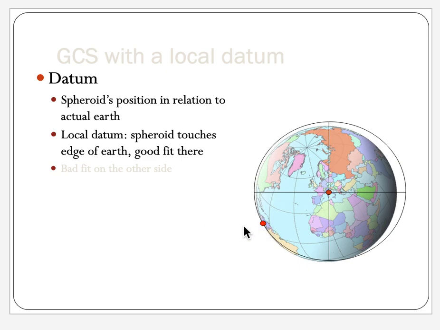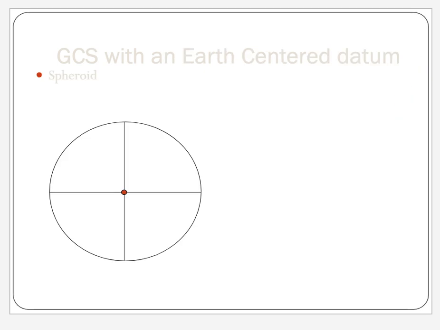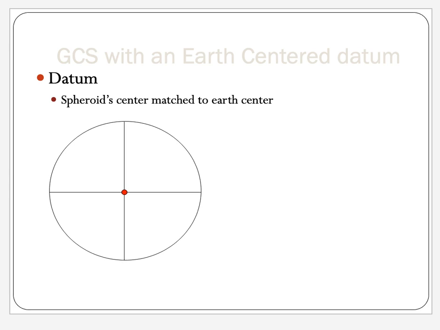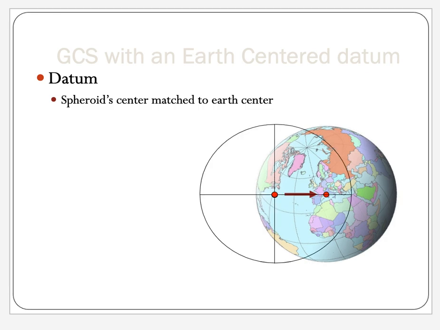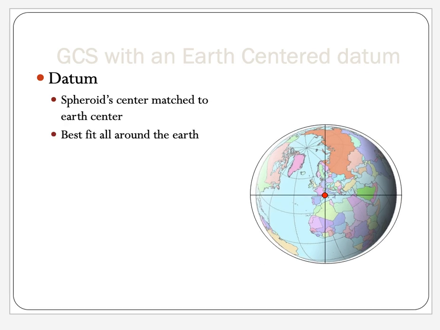So this local datum, this spheroid or ellipsoid, touches the edge of the Earth and it's a good fit there. But again, it's a bad fit here on this side. And when your ellipsoid is based on the center of Earth's mass, it will be a better fit to be matched globally. So this is a best fit all around the Earth.